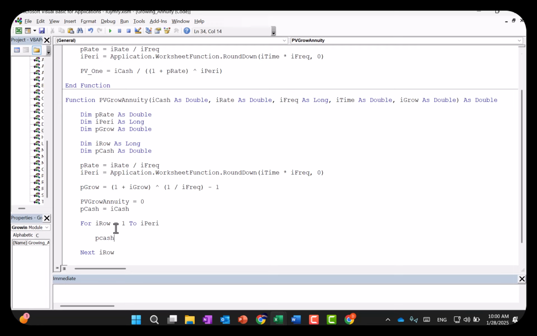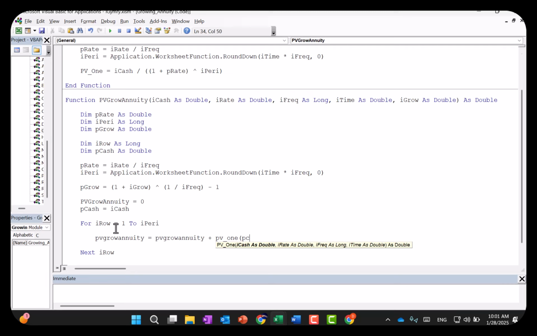Let's get our Pcache first. Actually, at this point, I know what my Pcache is because I already set it up. So PV grow annuity equals PV grow annuity plus PV1, present value of 1 cash flow.